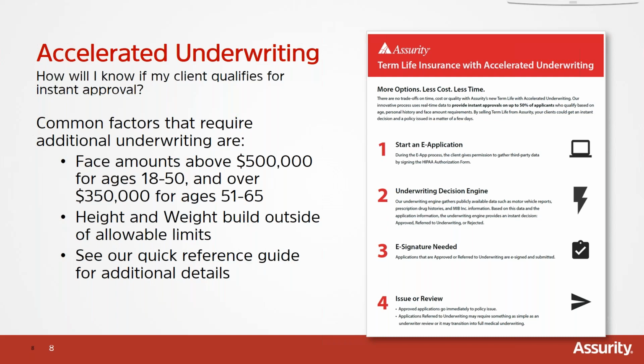If it's referred to underwriting, we just need an underwriter's review or a possible medical exam or phone interview, or if it's rejected. So it'll really let you know where you're at, and gets rid of any applications that aren't in good order, so you don't even have to get that through underwriting. Then we just need an e-signature at the end of that application if it's approved or referred to underwriting, and then we just submit it.